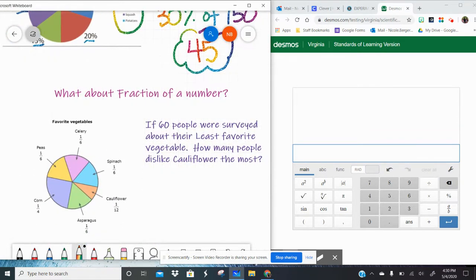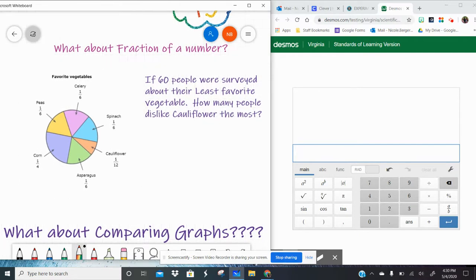But what about if the circle graph shows us fractions? Again, this says favorite vegetable, but I changed it to least favorite vegetable. So, what about fraction of a number? Here is our word problem.